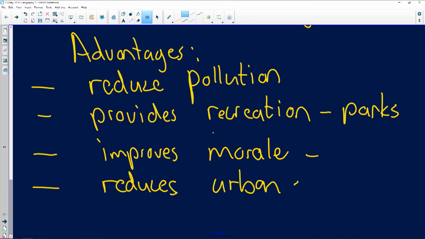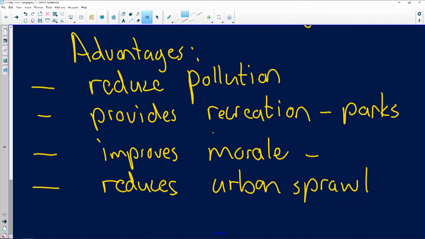Now, we looked at urban sprawl last week. What is urban sprawl, for example? It's when a city continues to grow when it's not being planned by city and town planners. So it reduces urban sprawl and it also reduces overcrowding. Because it's not meant for construction sites to take place, there can't be a bigger influx of people moving to the urban areas.